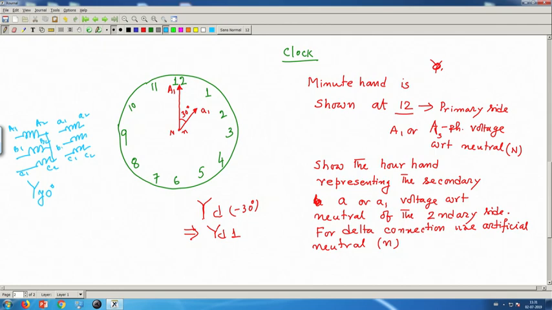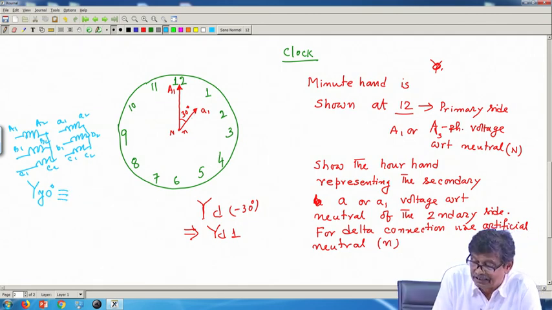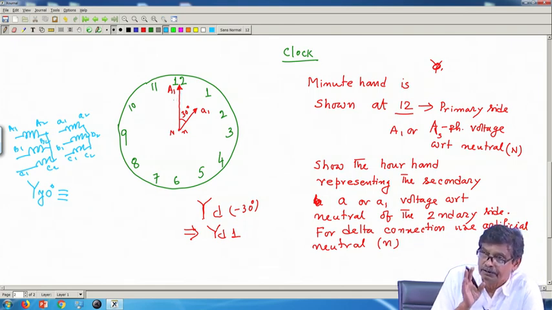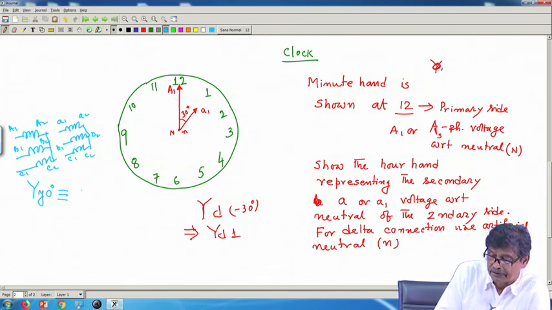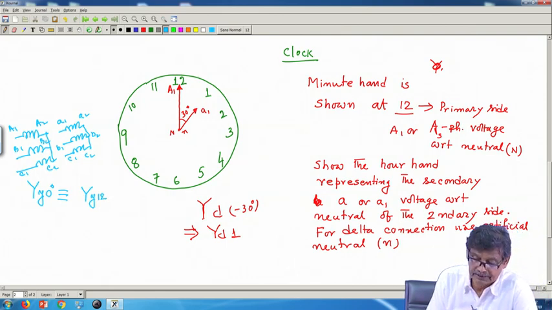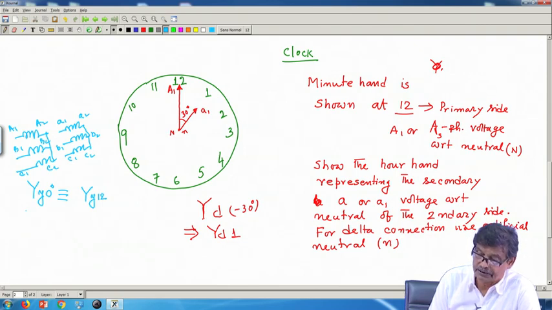And suppose you make star star, then this connection indicates it is Y Y 0 degree, means I will write it as what? Then this voltage A1N, both minute and hour hand will be together. So, I will write it as Y Y 12, time is 12, then only I will say this is Y Y 0 degree.